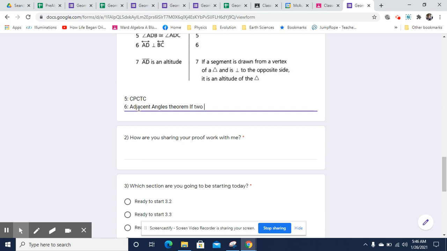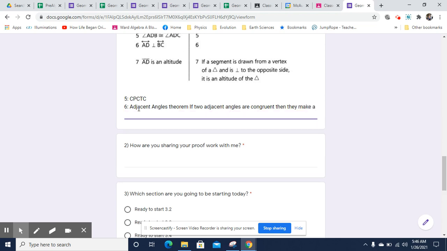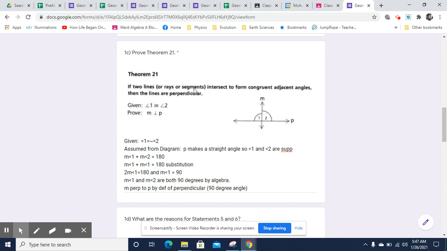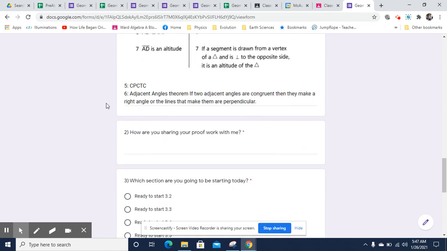So if two adjacent angles are congruent, then they make a right angle, or the lines that make them are perpendicular. Okay, and it's useful to go up and review the language of the theorem. If two lines or rays or segments intersect to form congruent adjacent angles, then the lines are perpendicular, which is probably a more elegant way to say it than I did. Okay, so useful to use that.